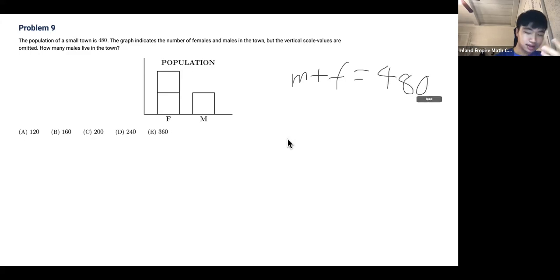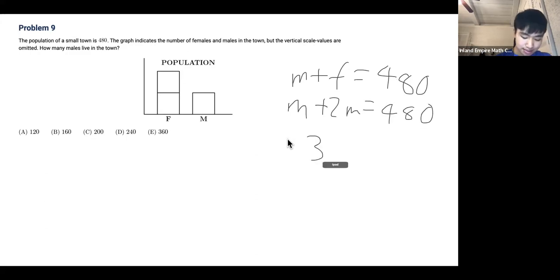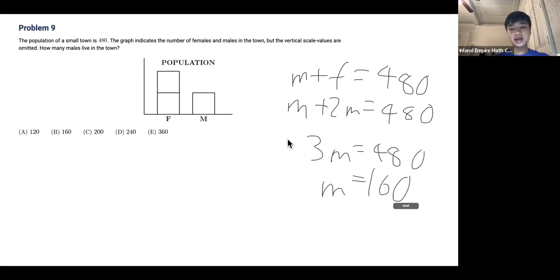Since the number of females is double the number of males, we could do M plus 2M equals 480, and that's 3M equals 480, which then means M equals 160. So based on just this assumption, the answer would be 160.